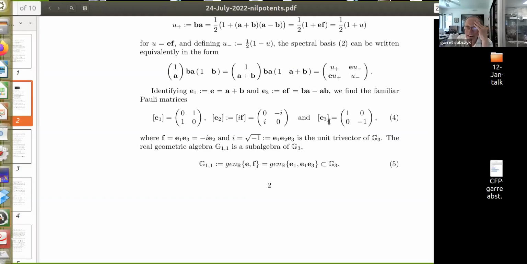And E3 is 1, minus 1. Well, that's the usual Pauli matrix for sigma 3.